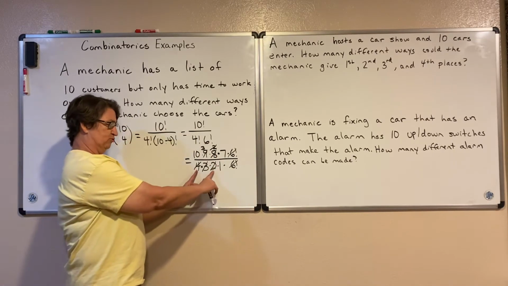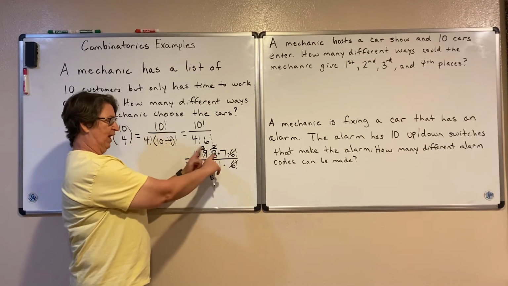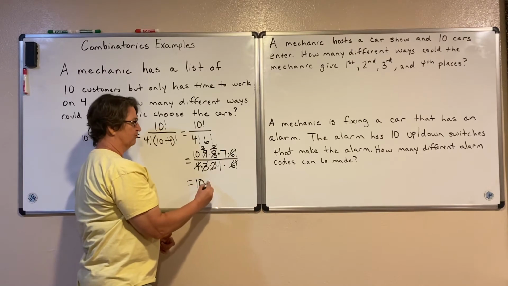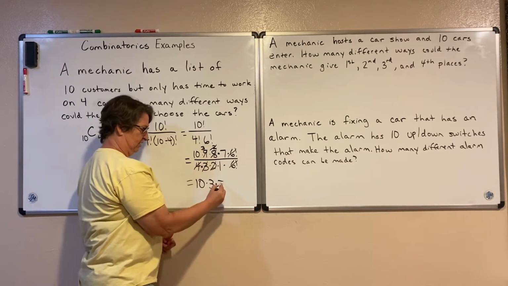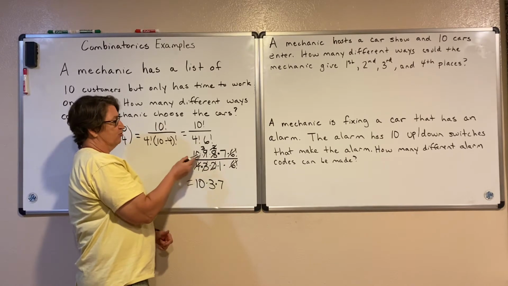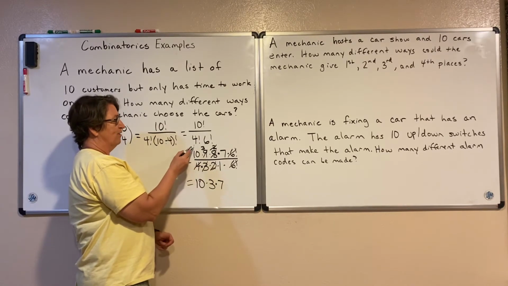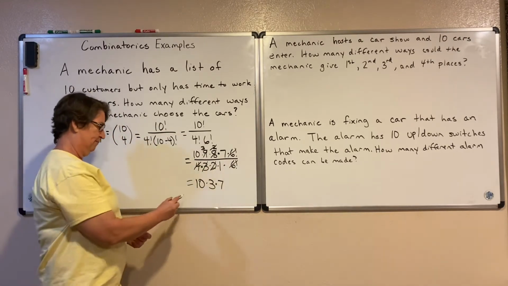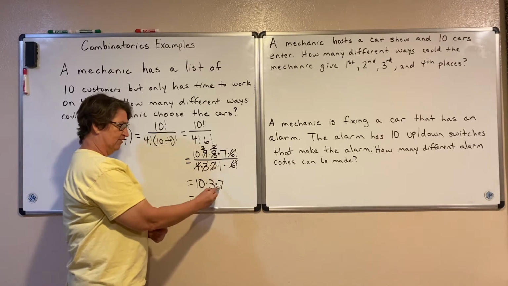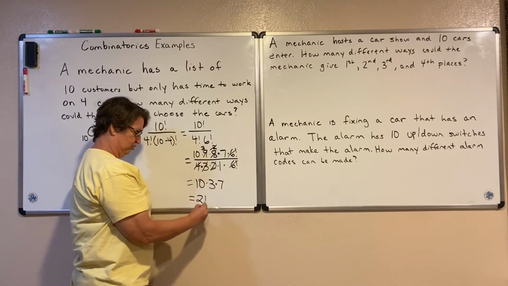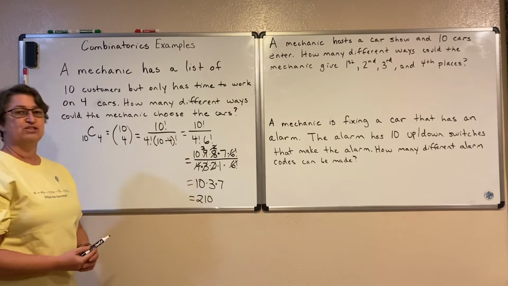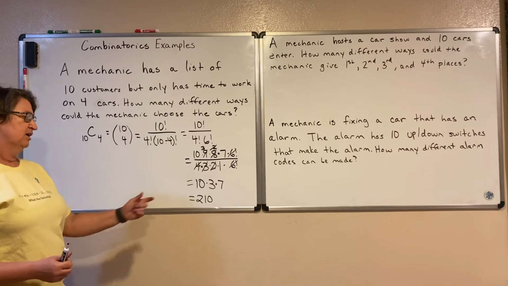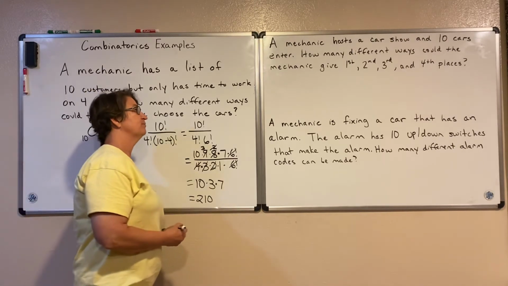So notice that 4 times 2 made 8, so it just canceled out that 8. So then I'm left with 10 times 3 times 7. But maybe this 2 went into the 10 5 times, so maybe you had 5 times 3 times 2 times 7. We'll end up with the same answer either way. Now I just multiply. 3 times 7 is 21, times 10 is 210. So there are 210 different ways that he could group those 4 cars out of the 10 to put on his list to fix the cars with.